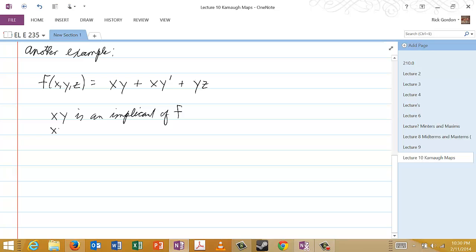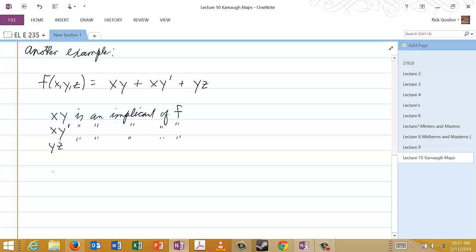Similarly, xy prime is an implicant of f, and yz is an implicant of f.